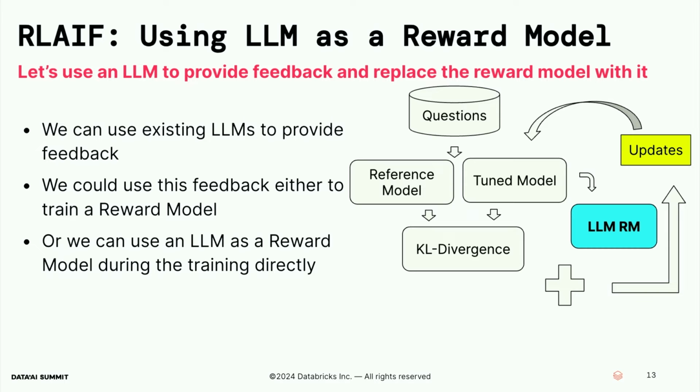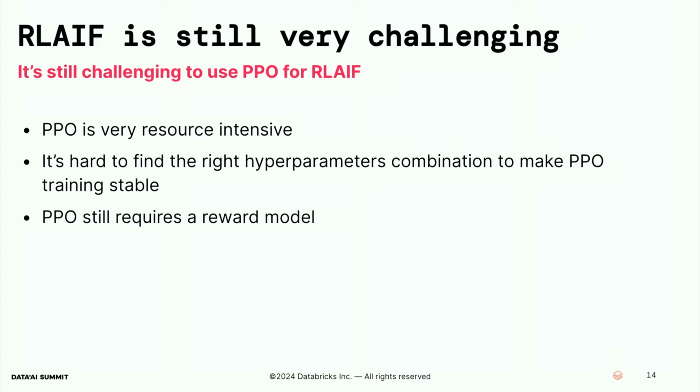So instead of having some reward model in memory, we just call an API with some big model and ask it to give the score. And in this case, it's working really well. But still, PPO is very resource intensive. As I mentioned, if we are optimizing an 8B model, it means we will actually have two 8B models in our GPU RAM, one for reference, and another one for the one we're actually optimizing.